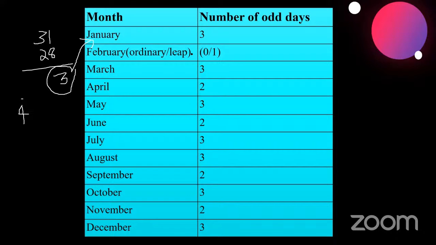Ma'am, can I tell the odd numbers for all? Yes, wait. Just wait. Let me know who are there in the class. I'll just see and take down the names.